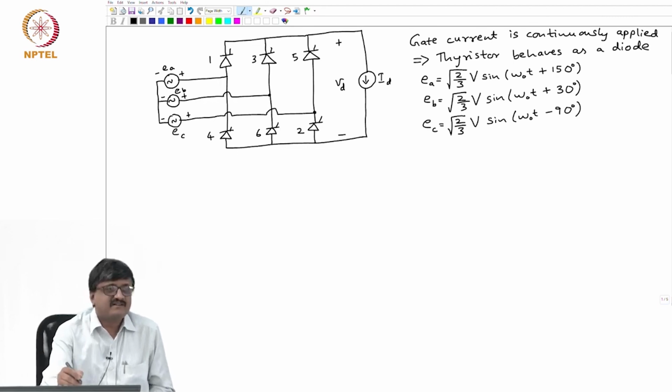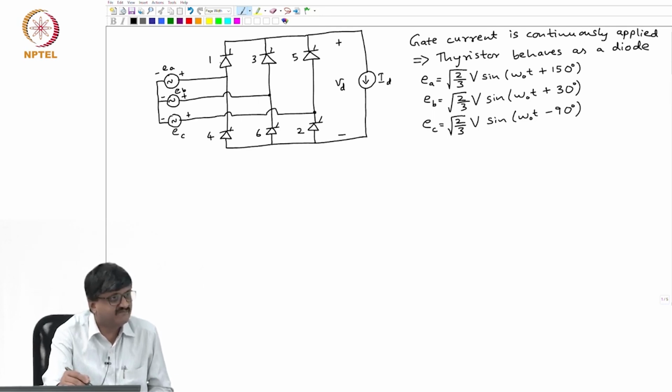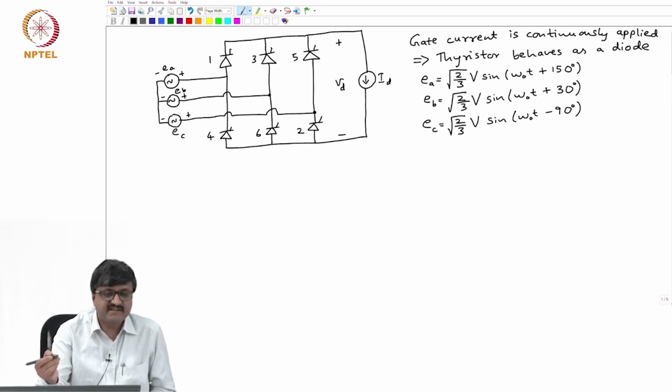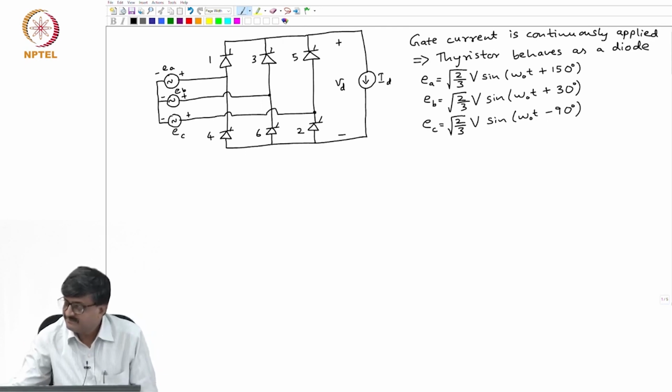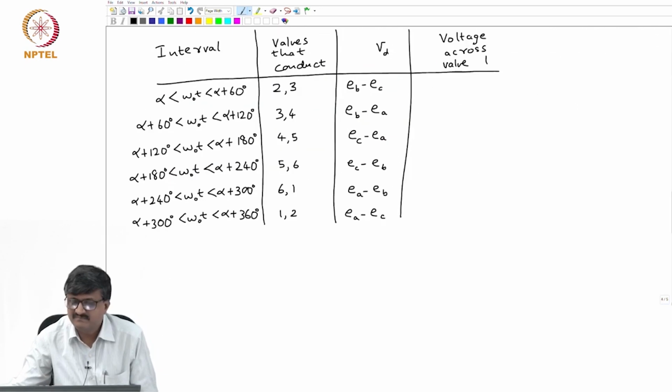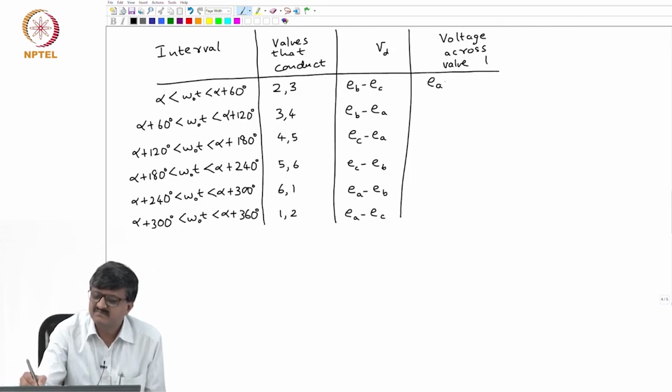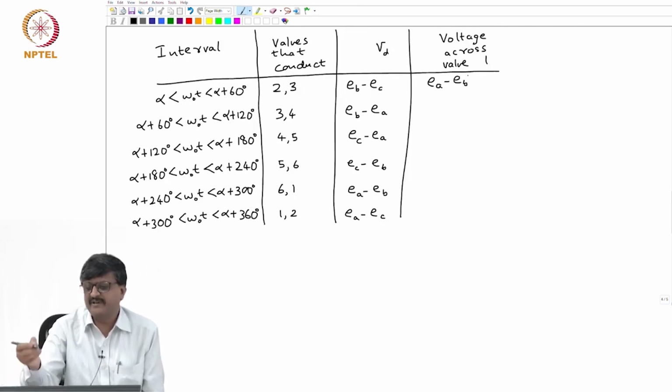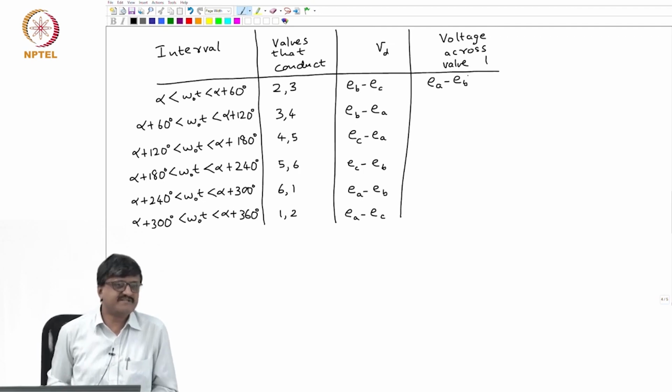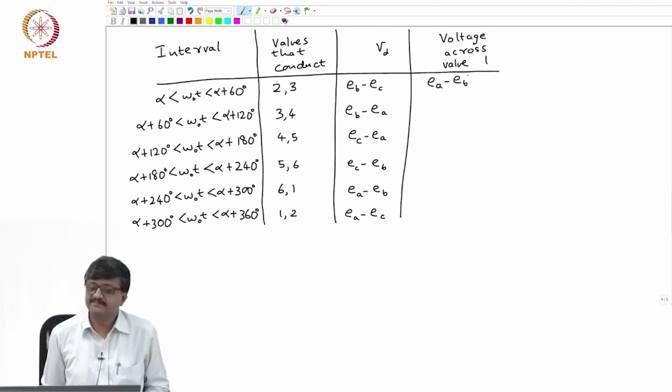Once I know 3 is conducting, 3 is acting as a short circuit, and the cathode of valve 1 is connected to the positive terminal of the voltage source EB, and the anode of valve 1 is connected to the positive terminal of EA. So, from that I can say the voltage across valve 1 is EA minus EB. I will stick to the definition of voltage across a valve: it is always the voltage of the anode with respect to the cathode.